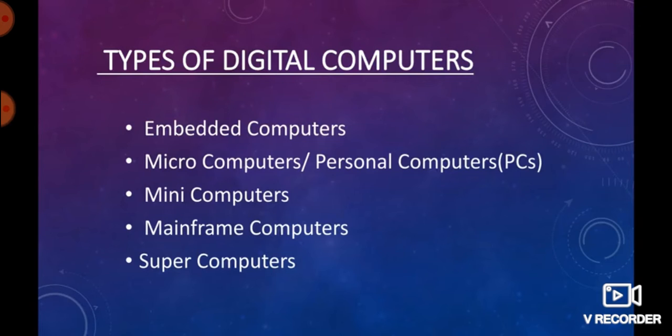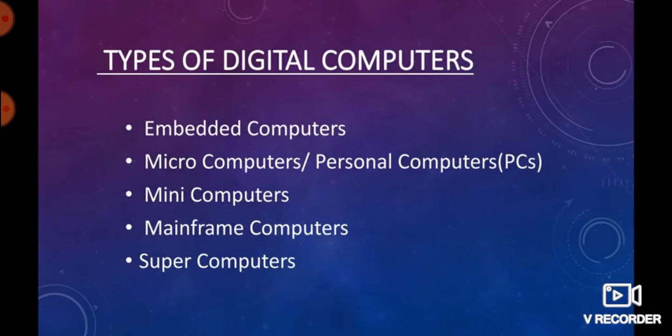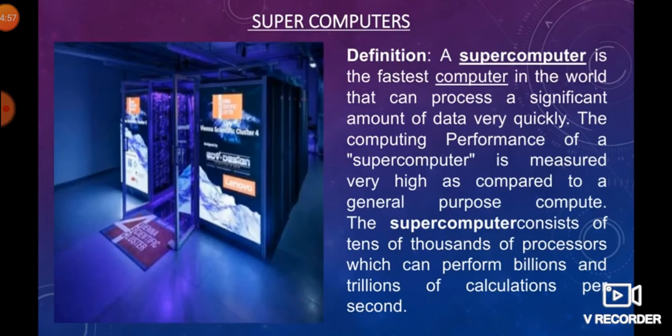I'm starting from the supercomputer because supercomputers are the most powerful computer systems, very powerful in comparison to the other types of computers. Here I have inserted a picture of a supercomputer, and it is defined as the fastest computer in the world.